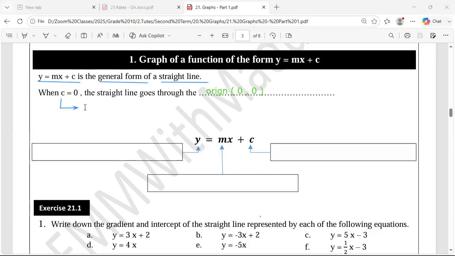When c equals 0, it becomes y equals mx. So this is called a straight line through the origin.